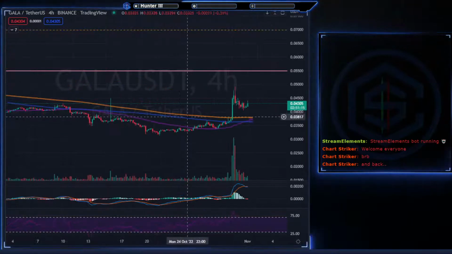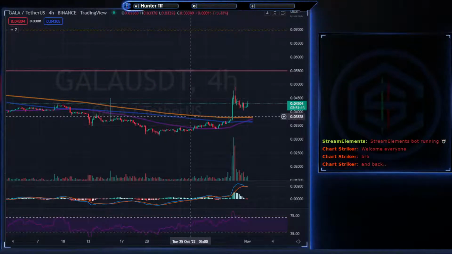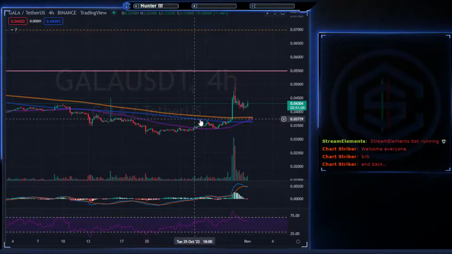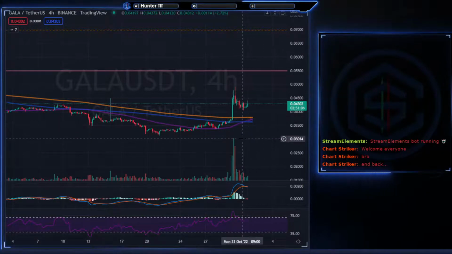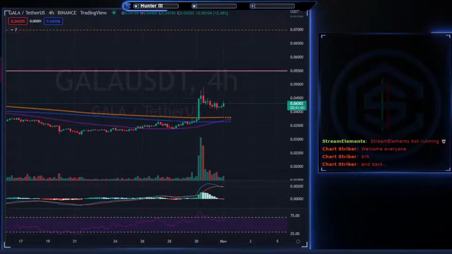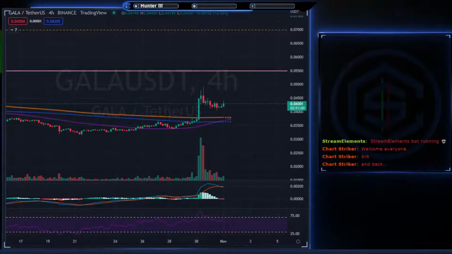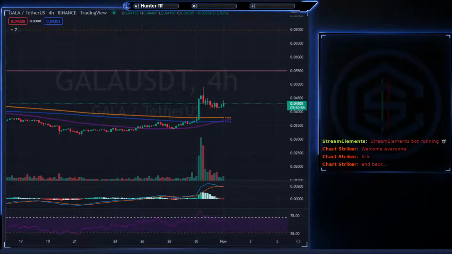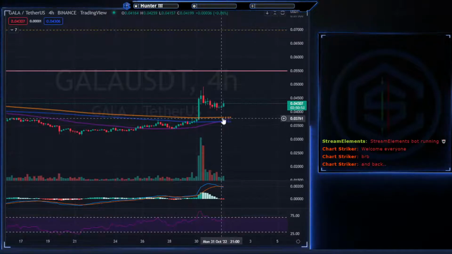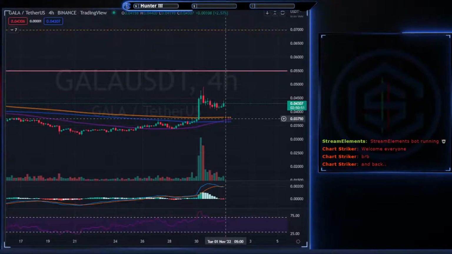Because if you zoom into the daily, you guys can see that's where we had some type of support, resistance areas last time, which is gonna act as support now. If we lose that one though, eventually around 0.033, 0.032 levels, that would be all the way down here, because there is not much holding us if we break below this support right here.